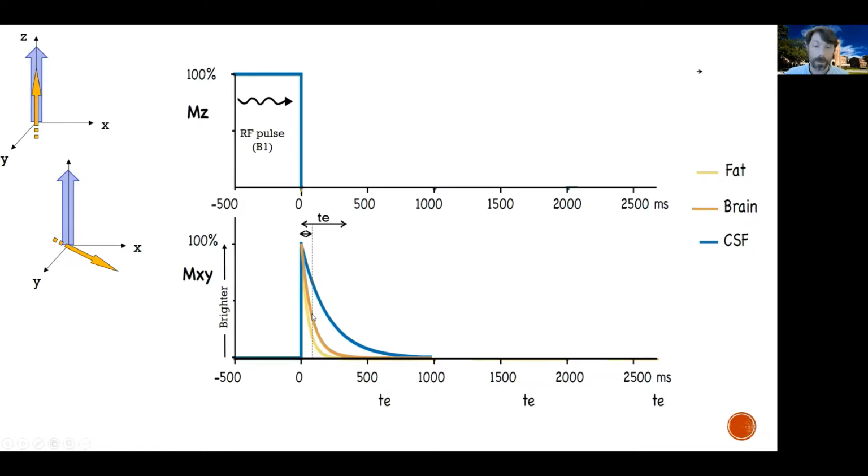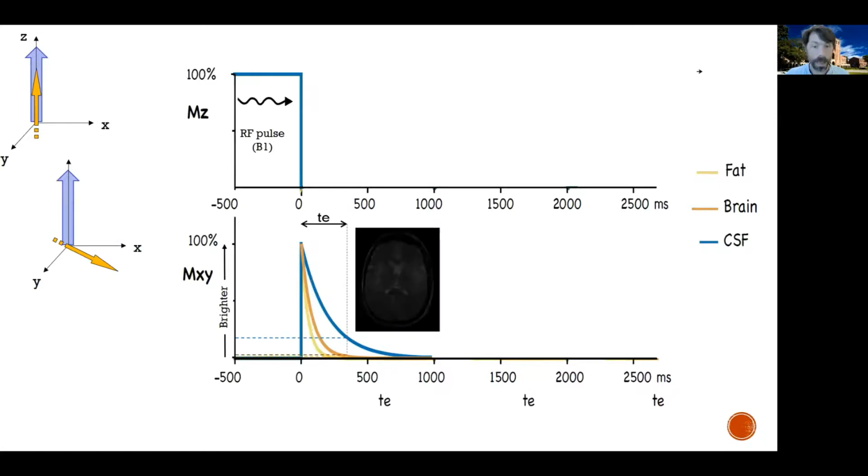Brain would have dephased a little more, but would still be pretty bright. And the same is true for fat, compared to the previous image. So remember the previous image? Here, I'll show it again. Everything's pretty dark, because we've waited too long and we've let protons dephase too much, so the strength of m0 projected on XY in the transversal plane was very little.